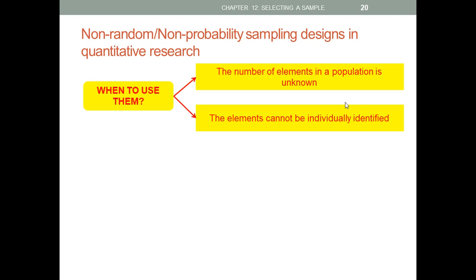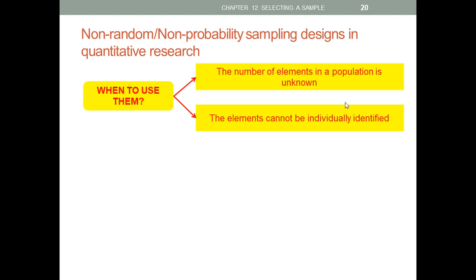The other example is we don't know, and perhaps we will never know the exact number of homeless people in the city. Similarly, we never know the exact number of our school children in our community, in our city, for example. So in this instance, we cannot randomly select a sample, for example, 200 sample size from the sampling population, because we cannot do so.